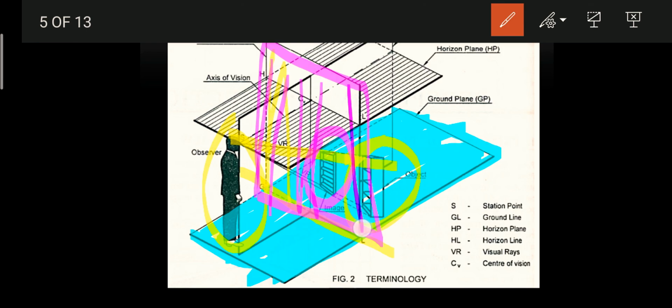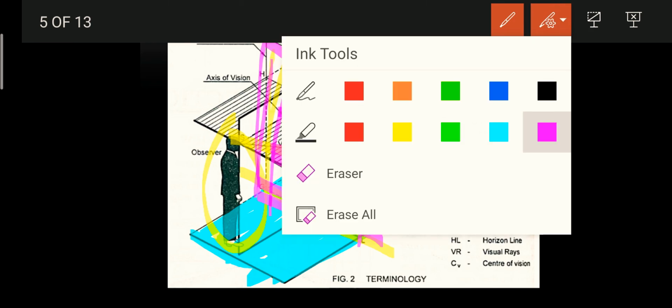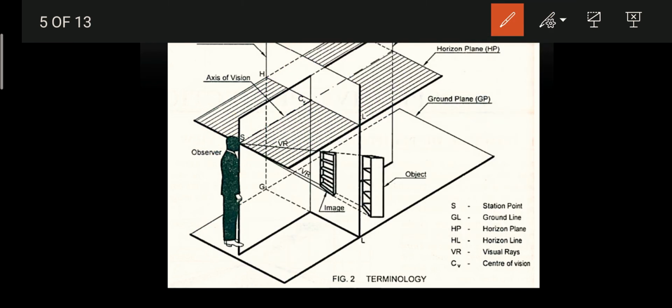Where the image is formed, that plane is called picture plane. Okay, this is the picture plane where the image is being formed.